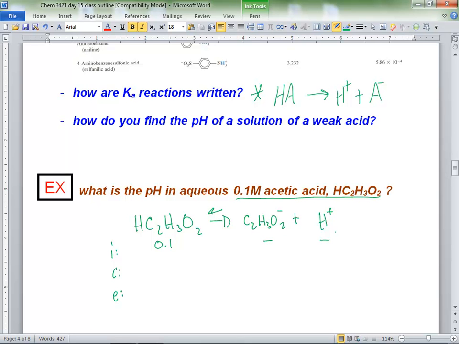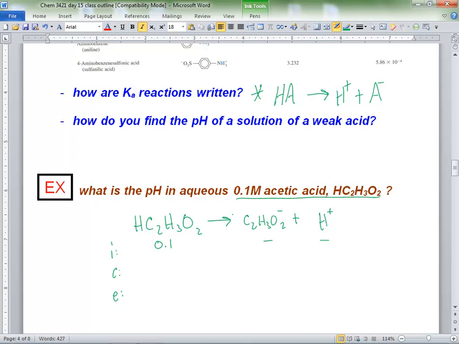The change row, I'll put what under the acetic acid, Matt? What would make sense there? Would I put a positive X or a negative X? It's negative X. And conceptually, I wrote this, and then Brad asked, isn't it at equilibrium? Yeah, it is.